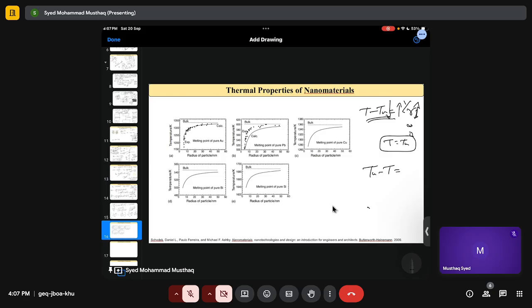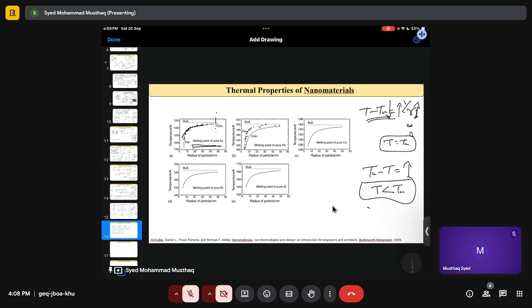If this value goes up, then T should be less than Tm, then only this value will go up. So that's what you see here. The melting point of pure gold. This is a calculated melting point, but it will start decreasing with your particle radius or the size of the gold nanoparticle.